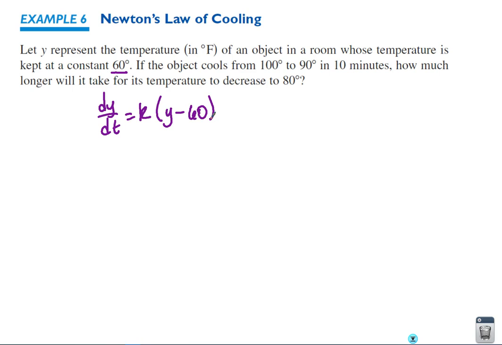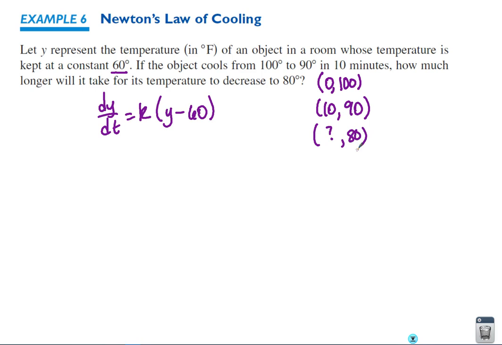Basically, I know that initially the temperature is 100. After 10 minutes, it becomes 90 degrees. I need to know how much longer it is going to take for me to get to 80 degrees.